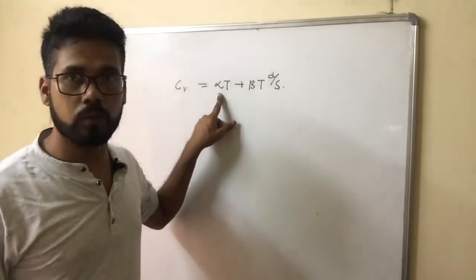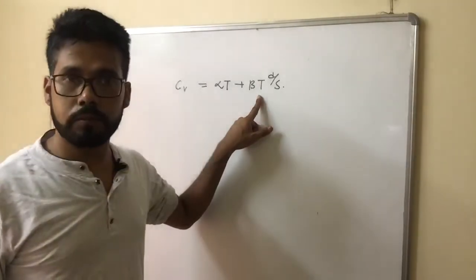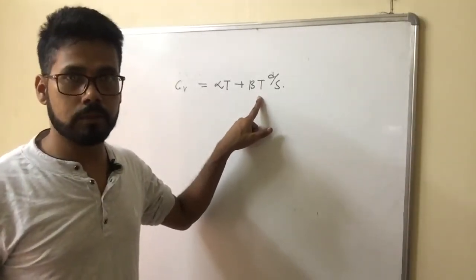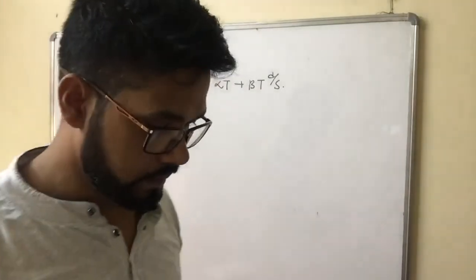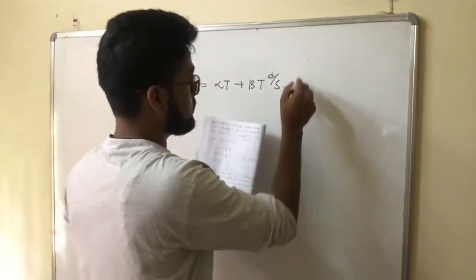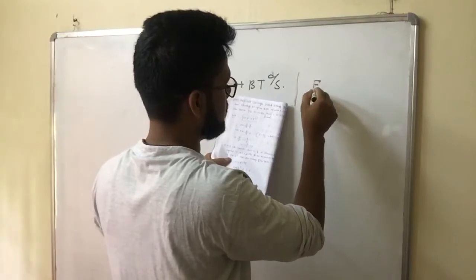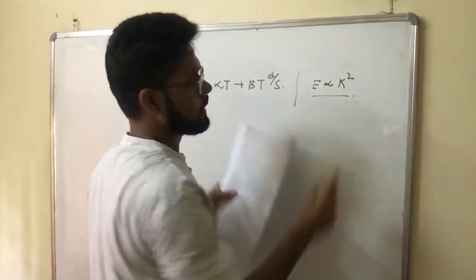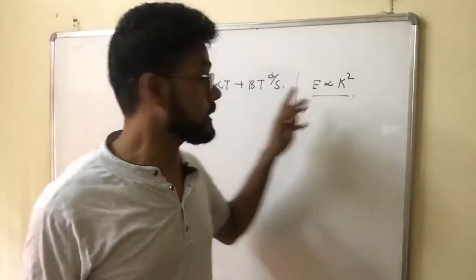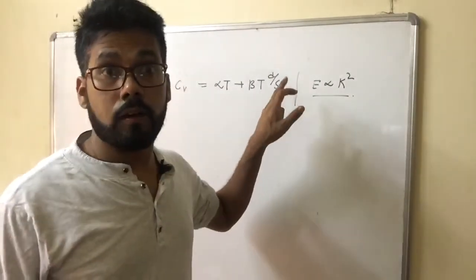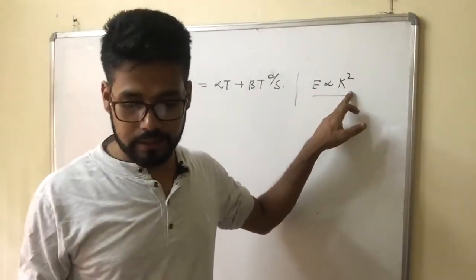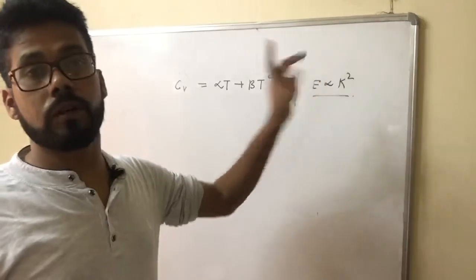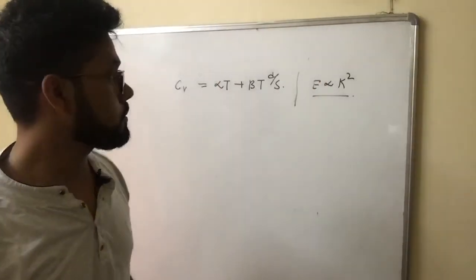The first term is contributed by electrons. The second term is contributed by bosons; normally the specific heat we have studied is due to phonons. And the particle dispersion relation, E is proportional to k squared. The specific heat of a solid is given by this expression, for particles that follow this dispersion relation. Then what is the entropy of this system? 5 mark question. What is the entropy?